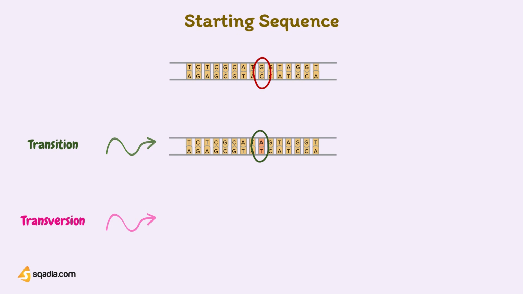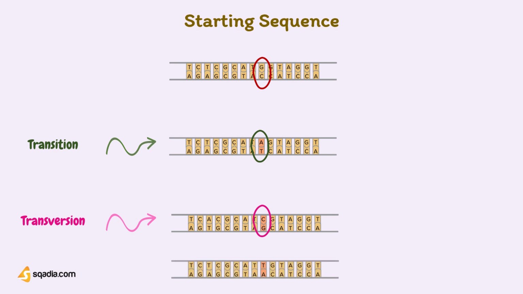At position 9 of the starting sequence, guanine and cytosine are replaced by cytosine in the upper strand and guanine in the lower strand, or guanine and cytosine are replaced by thymine in the upper strand and adenine in the lower strand.